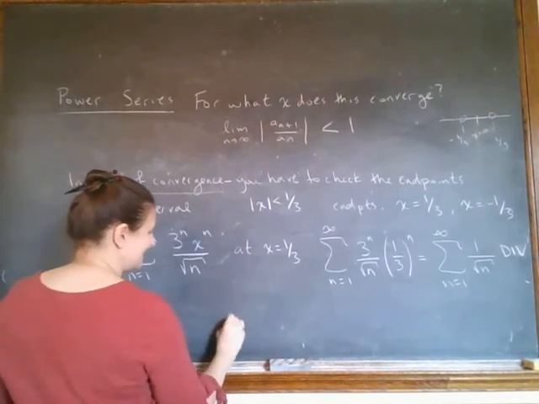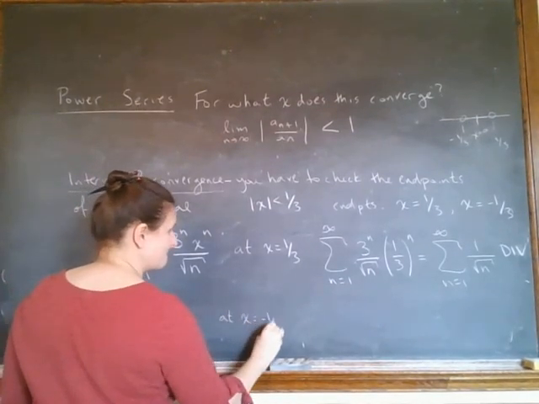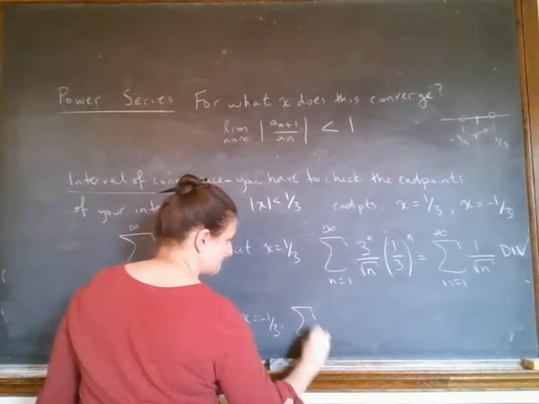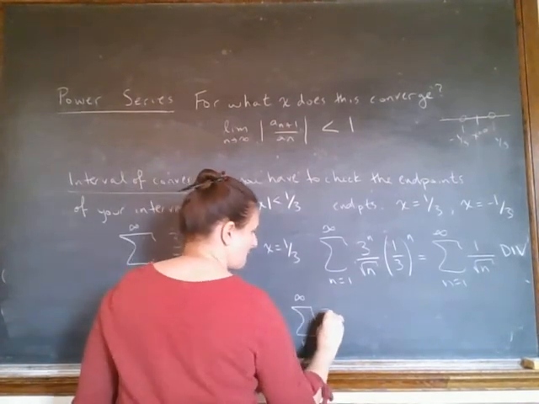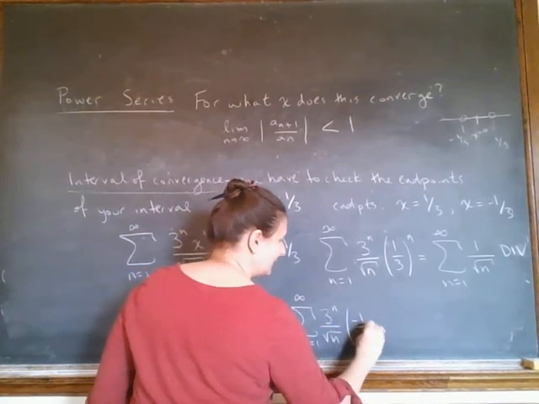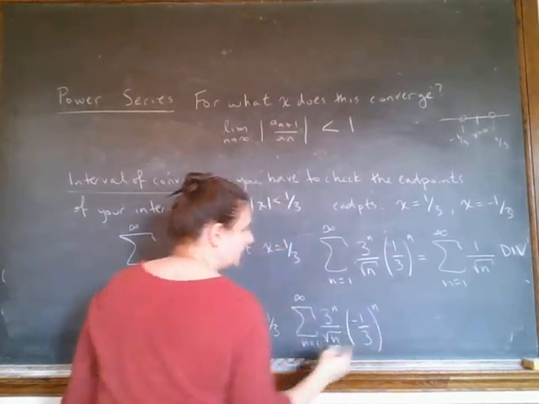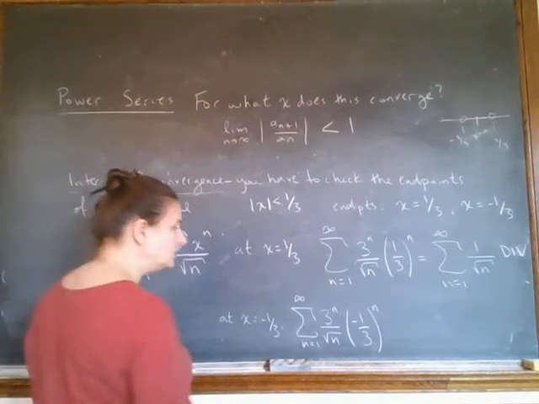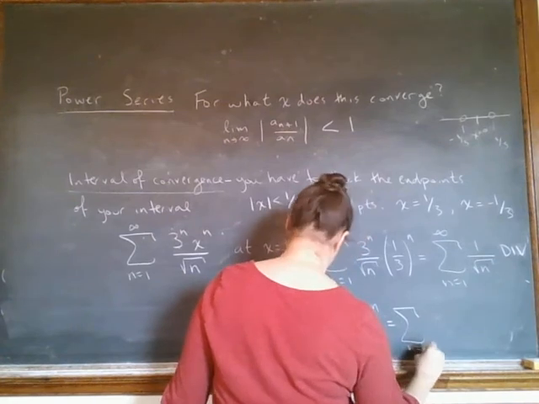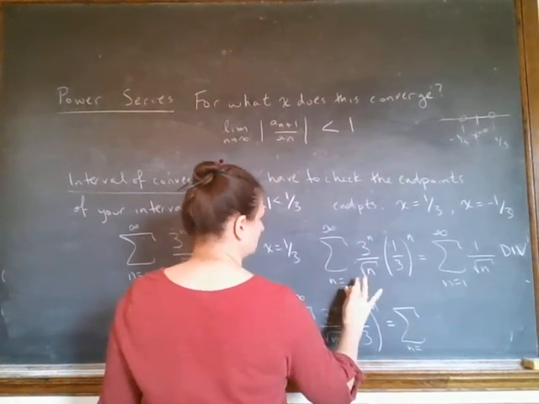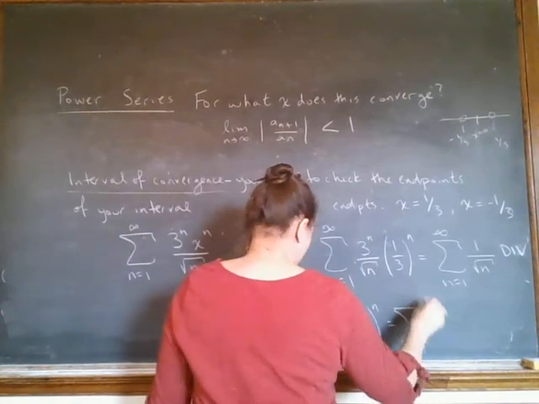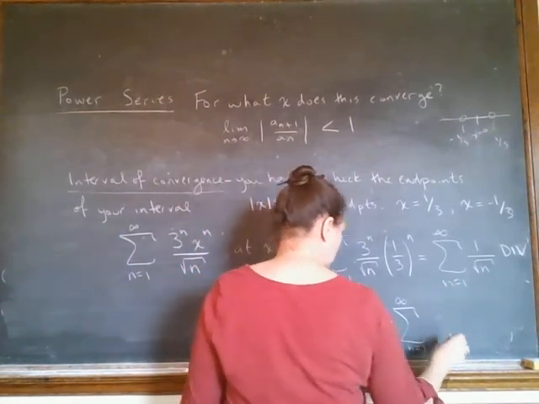Now what happens at the other one? I've got minus 1/3 to the n. So the 3's cancel, but I have a minus 1. Oh, it should be 0. No, it has to be 1. We have to start with 1, right? No dividing by 0, please.